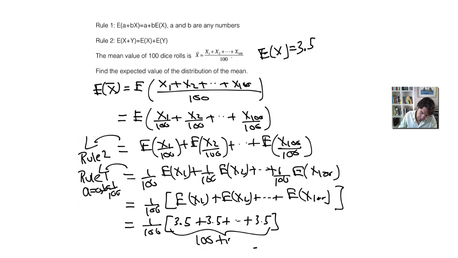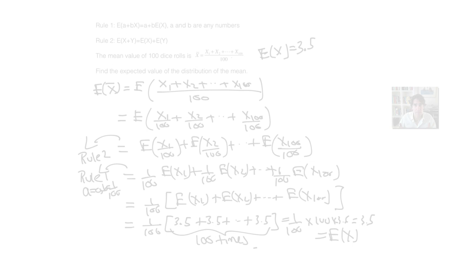So that's 1 over 100 times 100 times 3.5, which is just 3.5. And notice that this is actually equal to just the expected value of x. And now we have the expected value of the sample mean for this distribution.